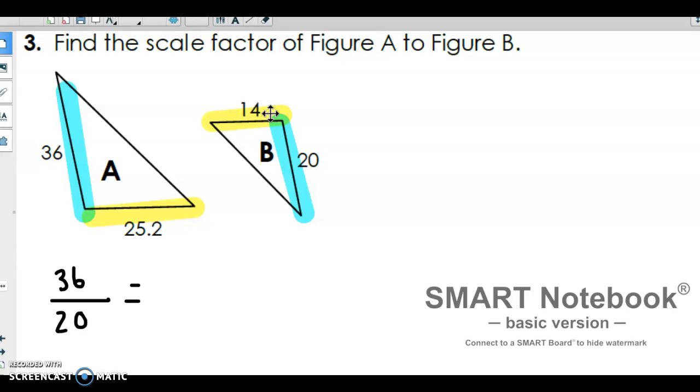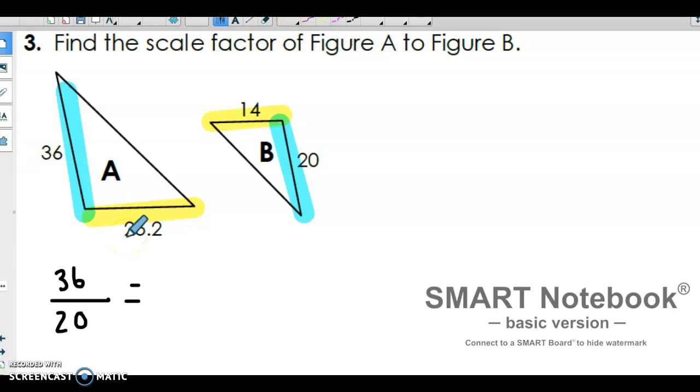The only thing you have to make sure of is we're going from figure A to figure B. So your figure A side has to be in the numerator of your fraction. Here, side 36 is in figure A, so it's in the numerator, and 20 is in figure B, so it's in the denominator. Now we need to simplify the fraction. So 36 over 20, you want to find the biggest number that divides evenly into both 36 and 20.